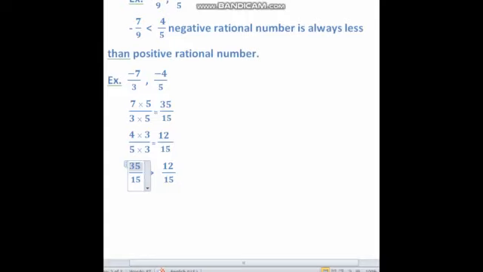Let me write it now. Okay, like this it will be. It means minus 35 upon 15 is less than minus 12 upon 15.